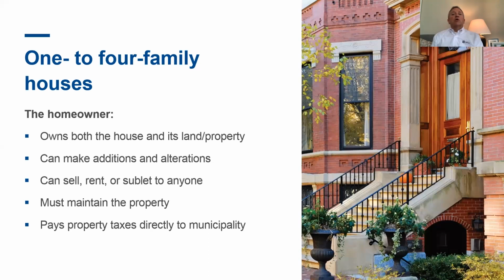You would have to take out a commercial mortgage, which is a completely different type of loan, to buy a residential property that has 5 or more units. So just keep that in the back of your mind: for residential mortgage lending, what we do here at UNFCU, you can consider 1 to 4 family properties or houses.